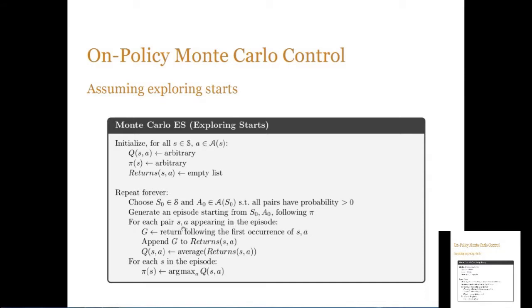And for each pair of state and action, then we will compute the return, which is the sample contribution to our estimate. Okay. So far, until this line, this is what you saw yesterday, right? This is policy evaluation. But now we're going to take this policy improvement step. So for our current estimate of the Q value, we're going to be greedy and we will update the policy.